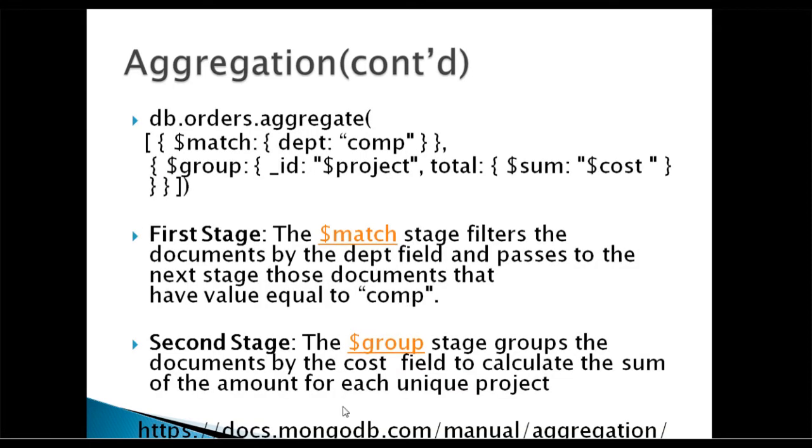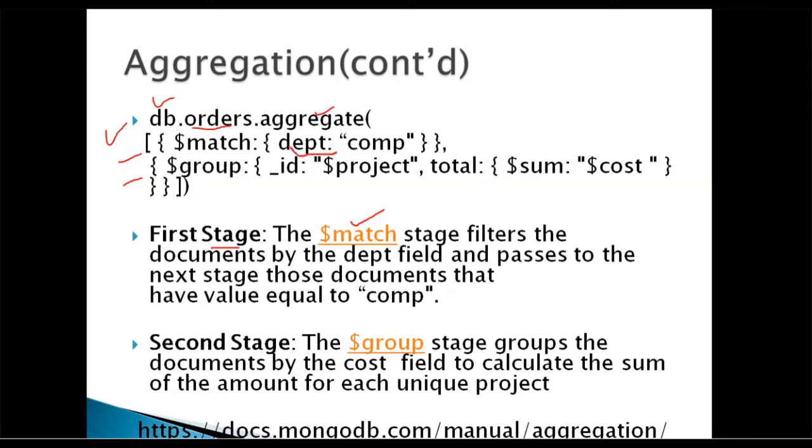Assuming this query, this is a very important part of this session: how to write this aggregate query. Suppose that you have order as a collection, db.order.aggregate. In the pipeline, there are two stages: one is match and the other is group. The first stage, the match stage, filters the documents by the department field.